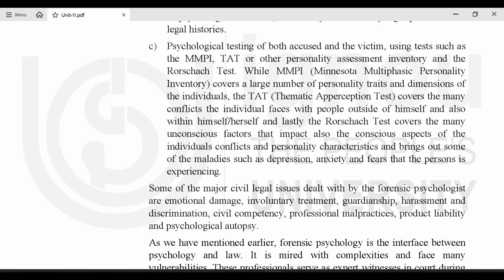c) Psychological testing of both accused and the victim, using tests such as the MMPI, TAT or other personality assessment inventory and the Rorschach test.